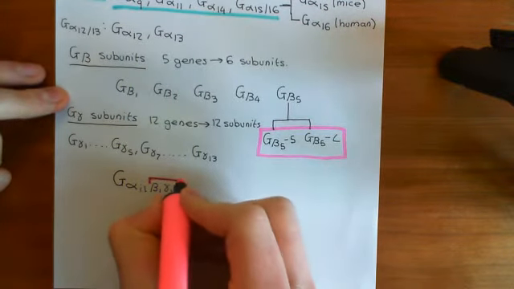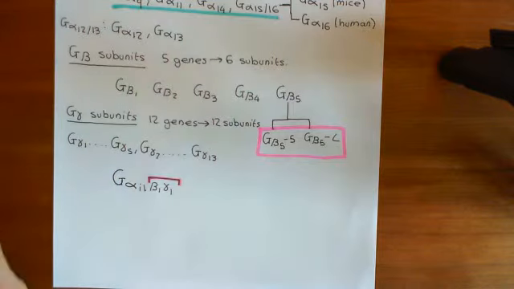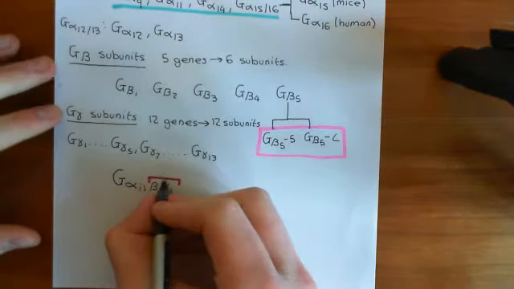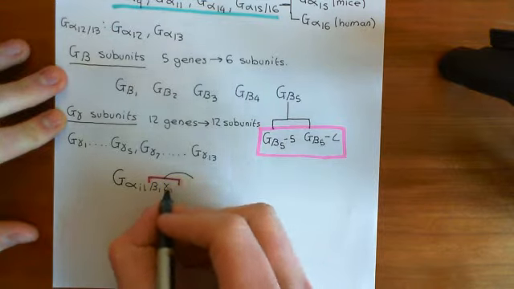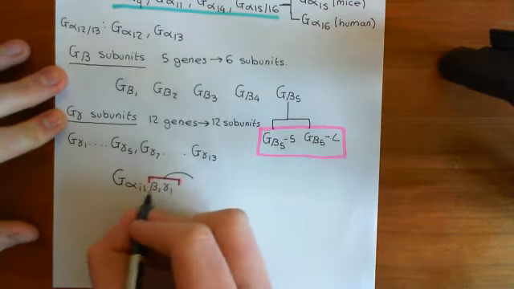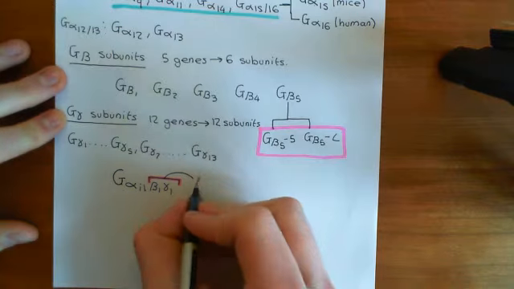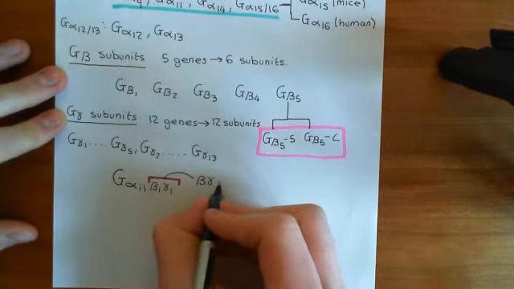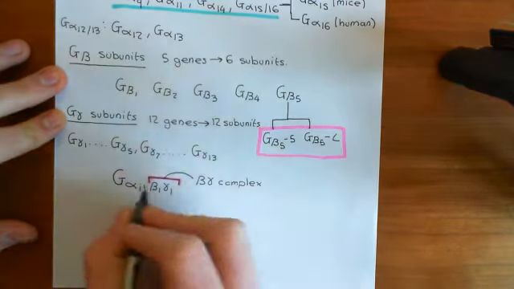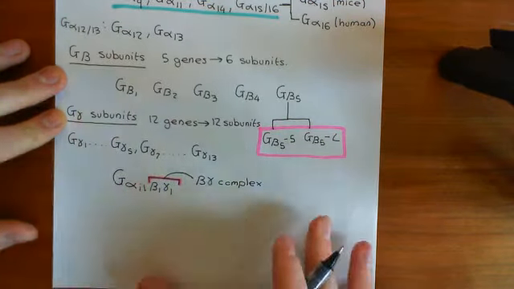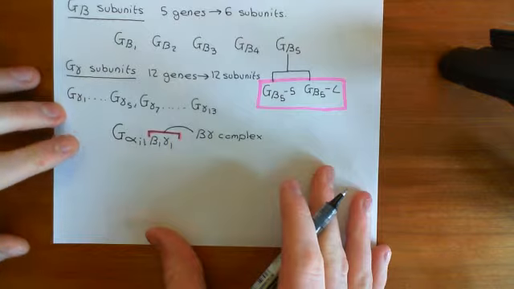But at the moment, our current position is that which beta and which gamma subunit you have doesn't hugely affect your signaling. So people don't really care which beta and which gamma subunit they have, and they often just refer to it as the beta-gamma complex. So they certainly don't usually specify which beta and which gamma subunit they're dealing with.